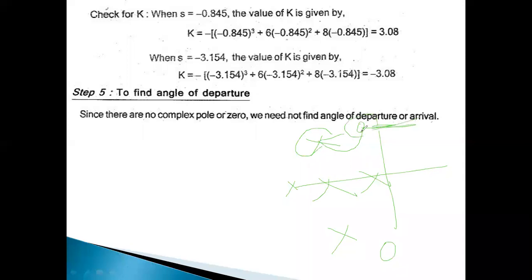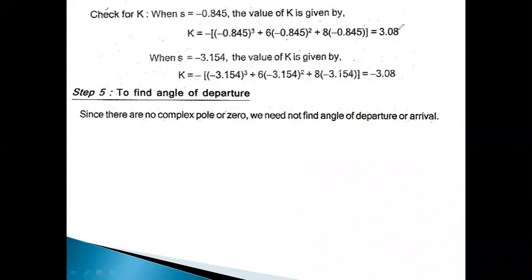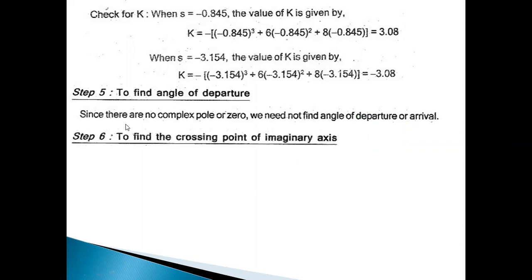With reference to the positive real axis, we have to consider the angle. So this becomes the angle of departure, and this becomes the angle of arrival, where the root locus branch starts and where it reaches. Okay, in this case, there are no complex zeros and complex poles, so no need to calculate this fifth step.